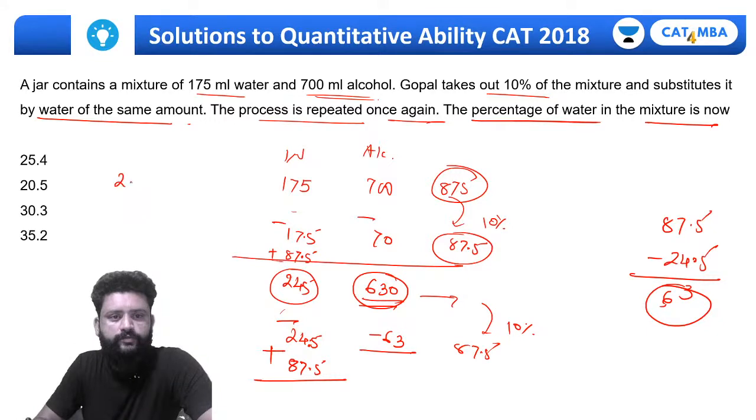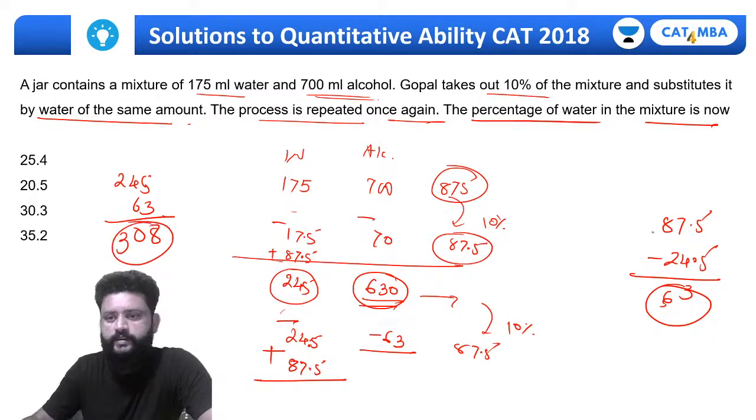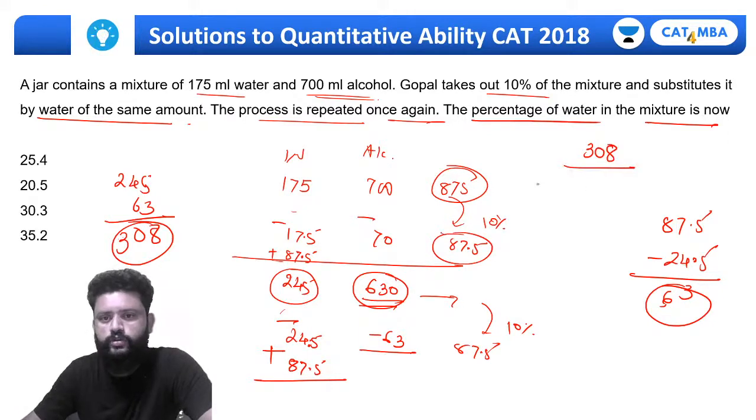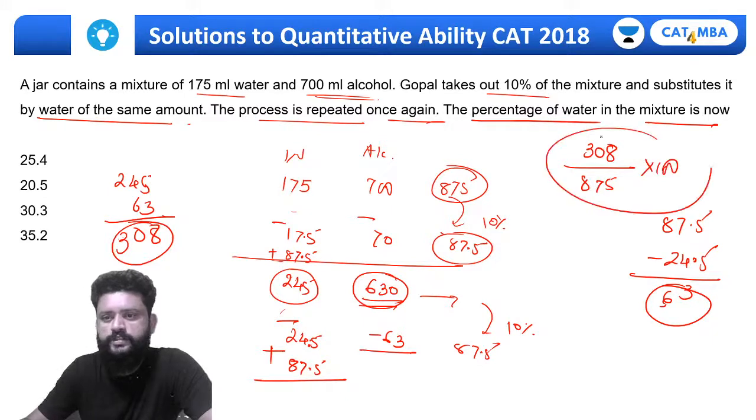So 45 plus 16, it has 308. Okay, so 308 compared to water and same, that is 875 into 100. This is the percentage of water.